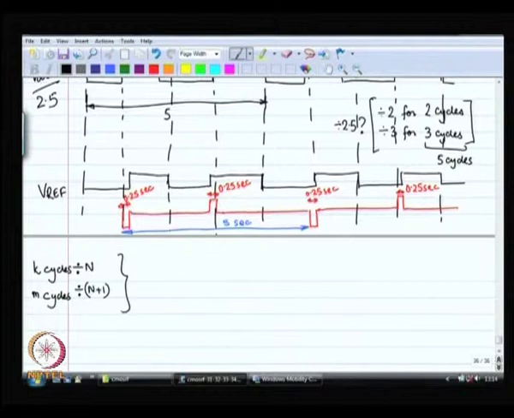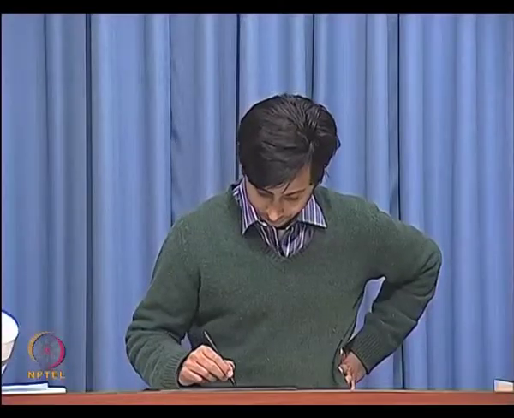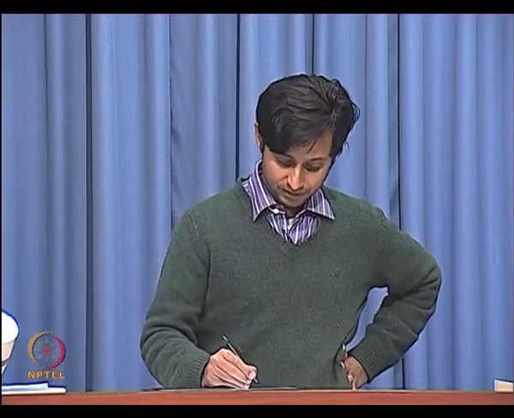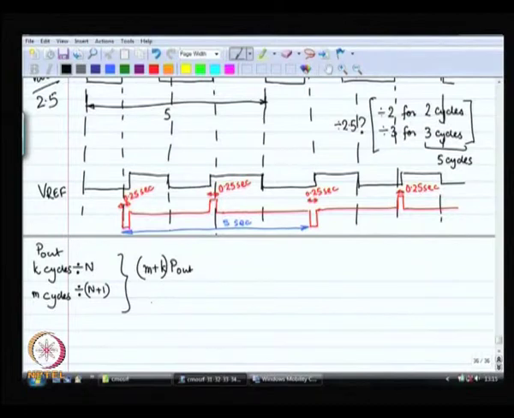So, let us say the output has a period of P out. So, the total time during which I am doing my experiment is k times P out plus m times P out. Okay. So, this is the total period during which I am doing my experiment, right. And of course, m plus k times P out is going to be the net period.